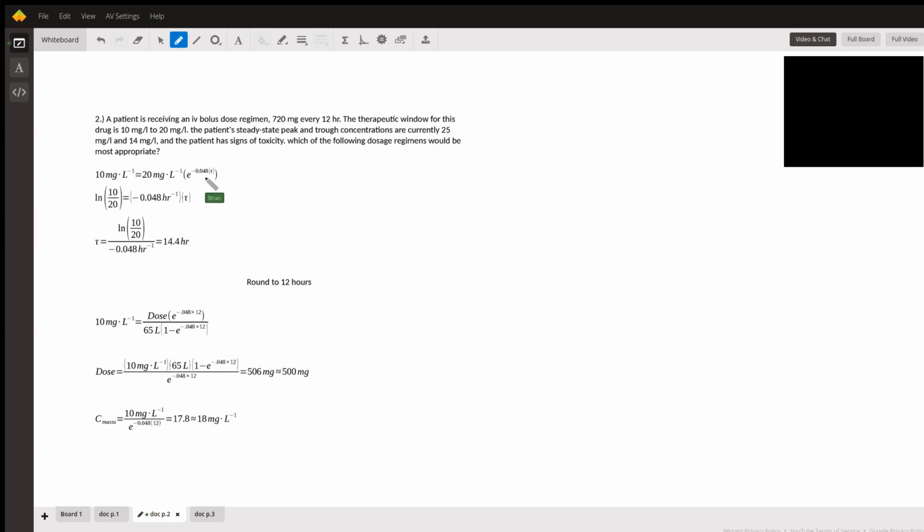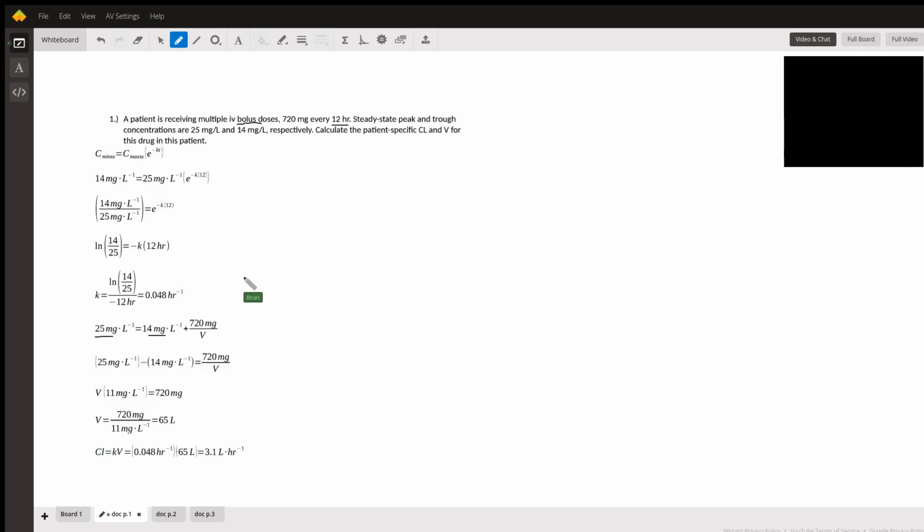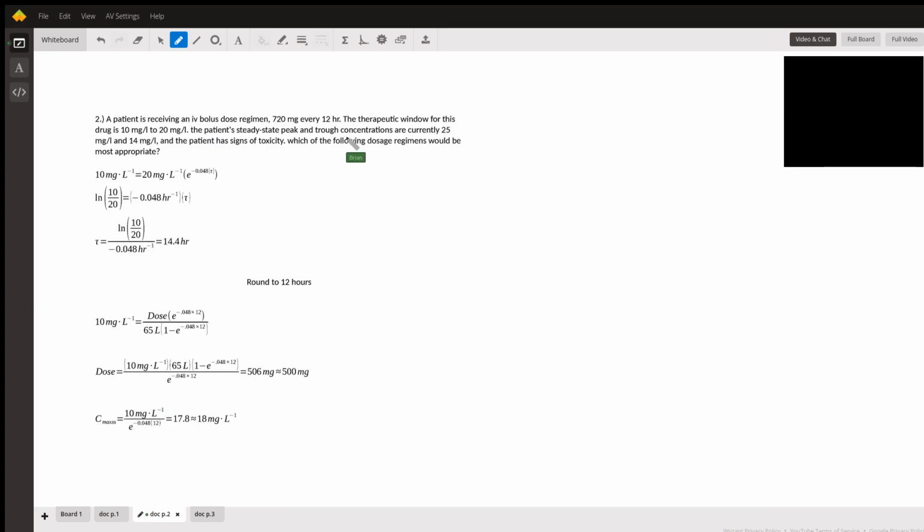The rate constant of elimination is 0.048 hours to the negative 1, and that's because the peak and trough concentrations are the same as before, and the patient was receiving the same dose.